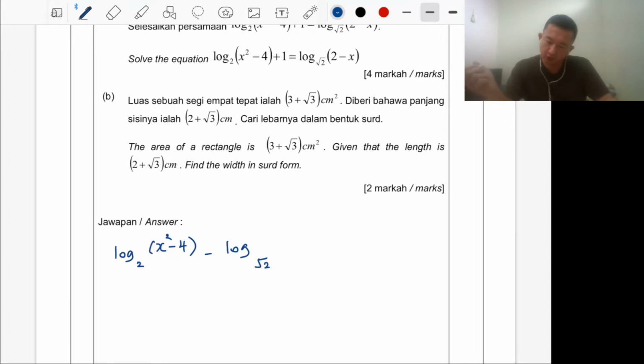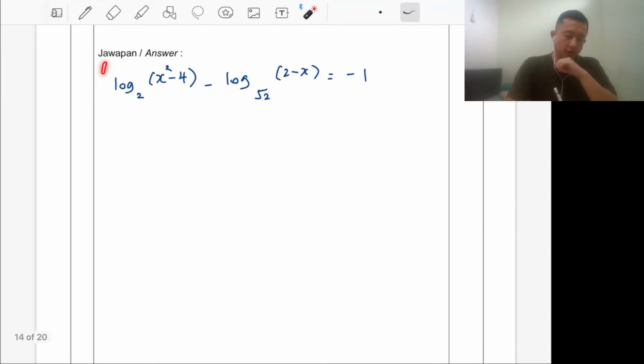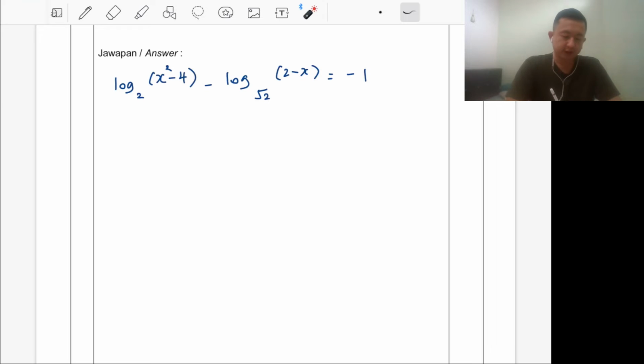So now I put all the logs on the left, and on the right we have negative 1. To solve this, we are going to collect the logs into a single log if we can change them to the same base. So in this case, let's change this to base 2.